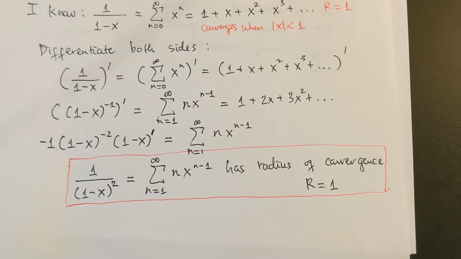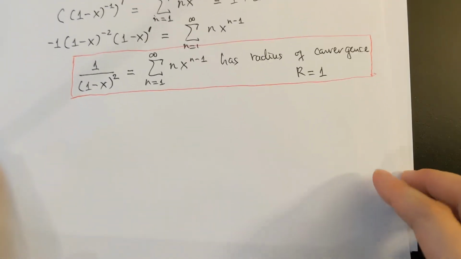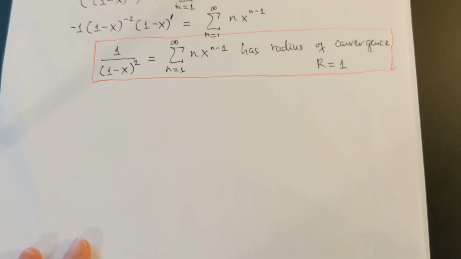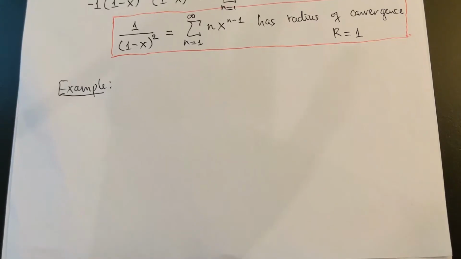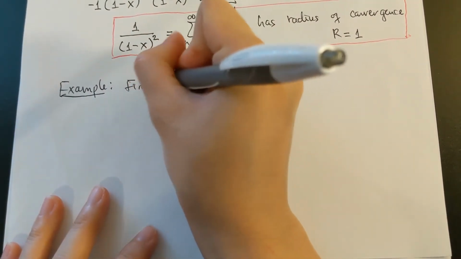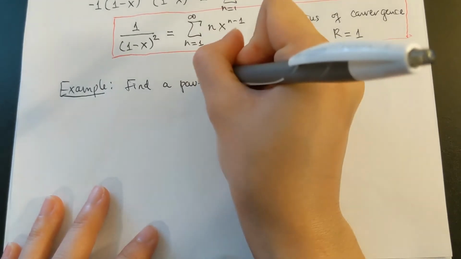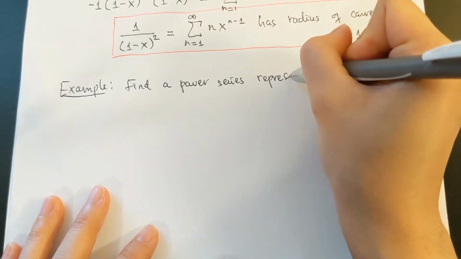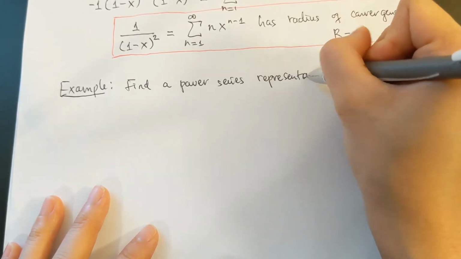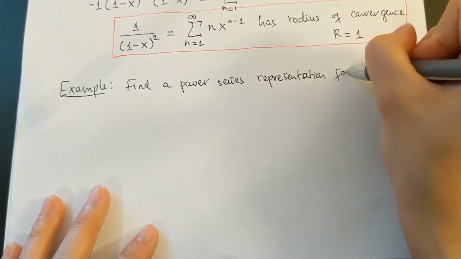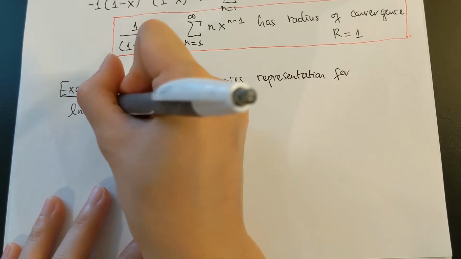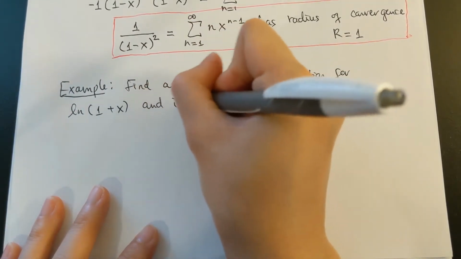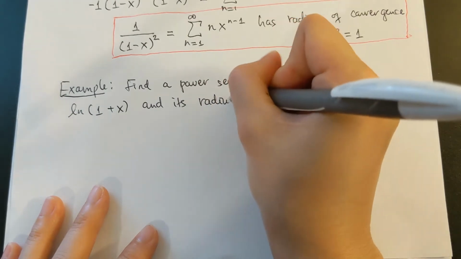Okay. Now let's look at another example. Find a power series representation for the function natural log of 1 plus x and its radius of convergence.